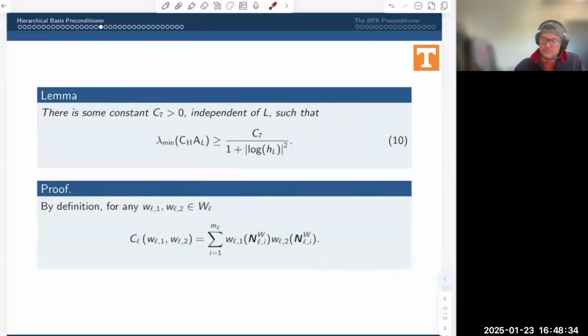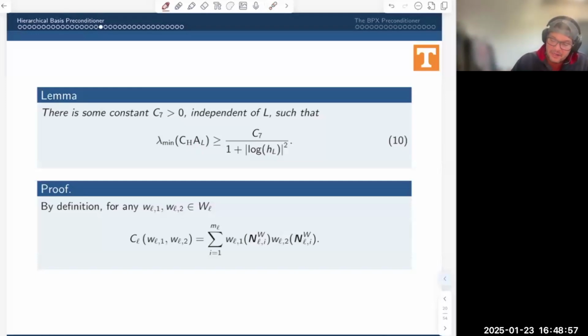Now, finally, we come to the result that we need. We're not going to go through this proof at all, but we want to estimate the minimum eigenvalue of the preconditioned stiffness matrix CH times AL. CH is our preconditioner. AL is the stiffness matrix for the finite element problem that we're solving.